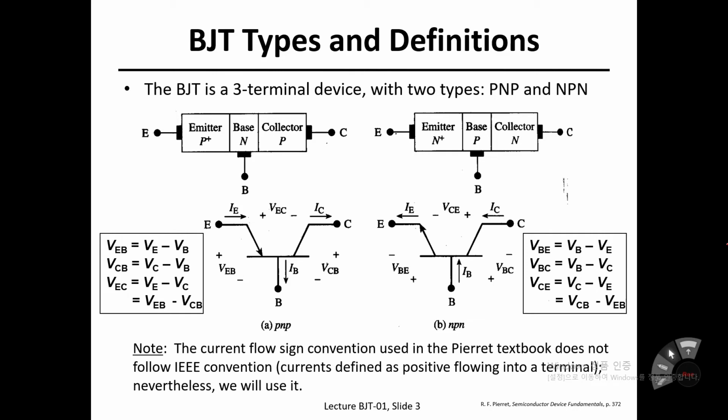On the top left-hand side, you may see the cross-sectional view of a P+NP BJT. The left-hand side P+ region is named the emitter, and the region in between the emitter P and another P is the base, and its type is n-type. And on the right-hand side, the P region is named the collector.